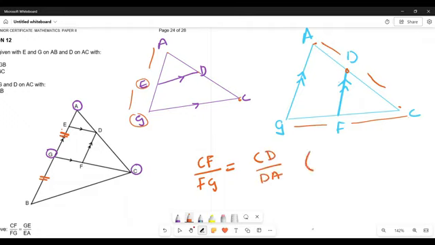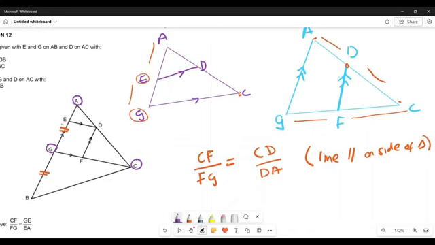And my reason: I have a line parallel to one side of a triangle, and that line is DF, it's parallel to AG. Now, I could also do the same for the other triangle. I could say that my CD in the other triangle, which I'm going to write in purple, so in the other triangle that I've drawn here, my CD divided by DA.